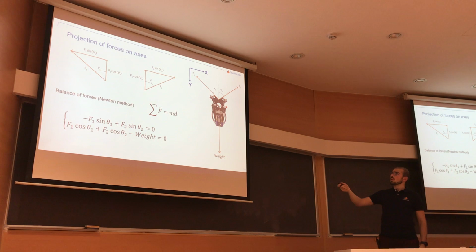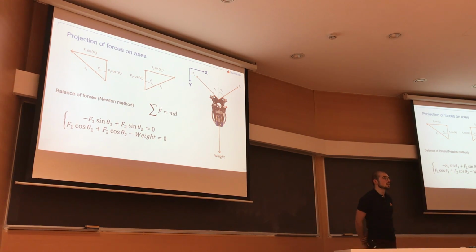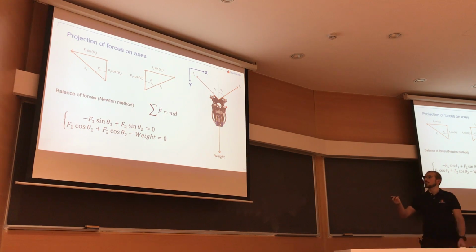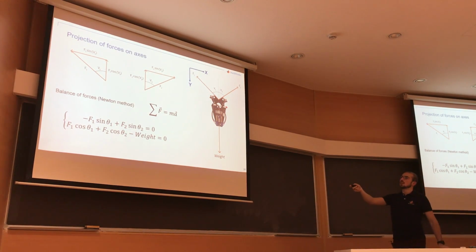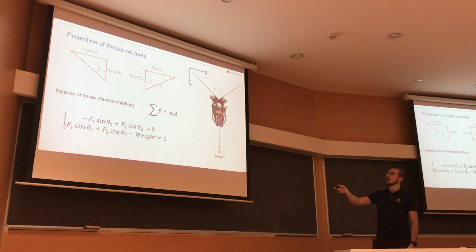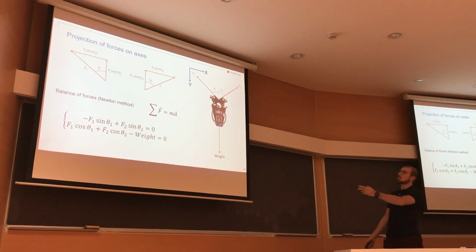Okay, so we can end up with this system that is, of course, the decomposition in the y and x axes. But again, this is not very useful for our model because we don't have an explicit dependency from F to some type of angle.